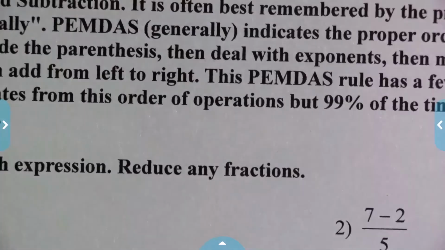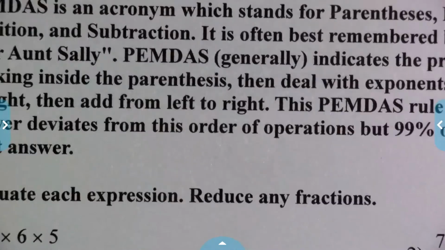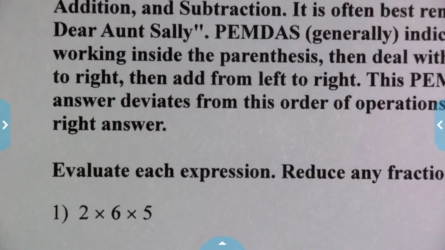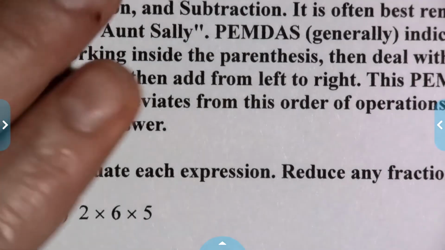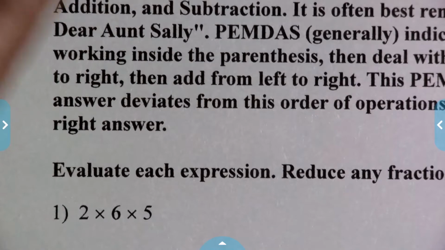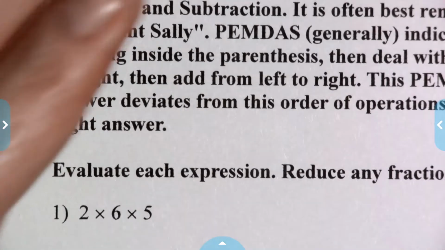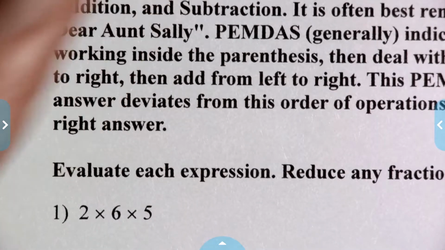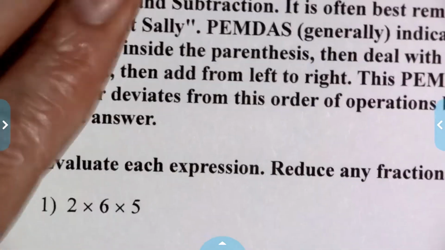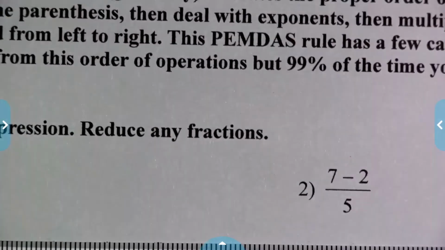One common flaw with PEMDAS is that it's not always right. The best way to think about PEMDAS is you always want to work your grouped terms first. So look for grouping symbols, and sometimes they're really obvious.